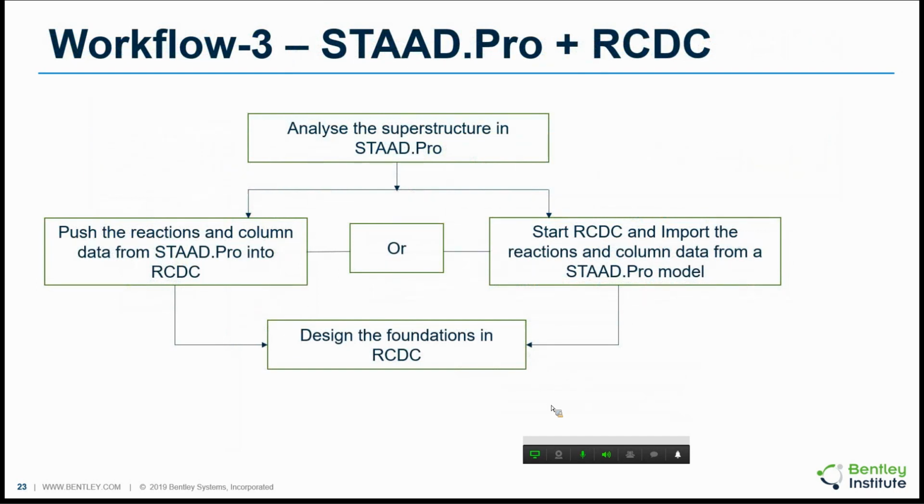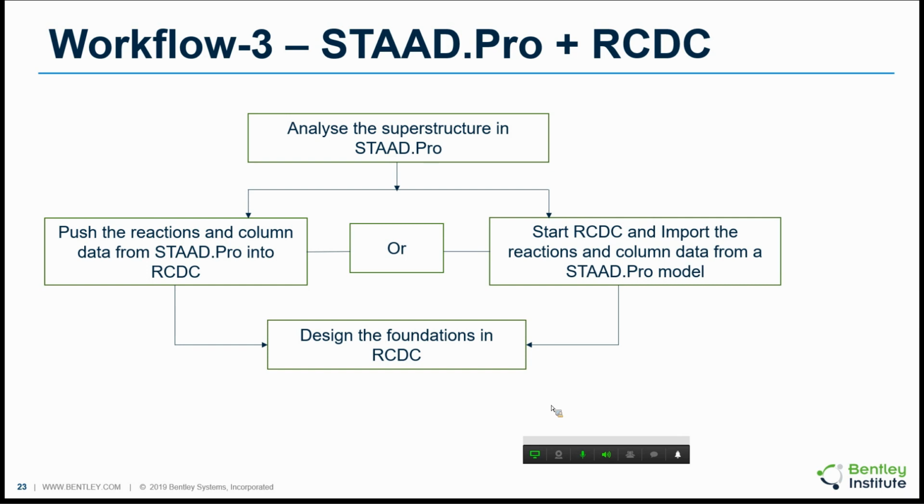The next workflow involves a direct transfer of data between StatPro and RCDC. This is called a direct link because there is direct communication established between these two programs, where StatPro is able to send the information into RCDC and RCDC is able to import the information from a StatPro model.